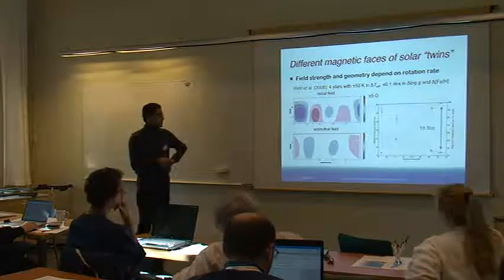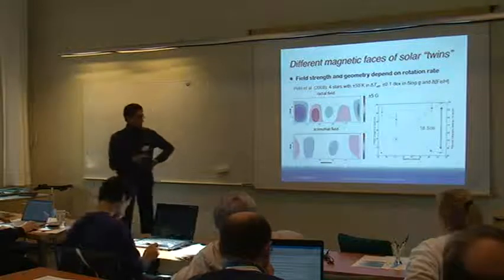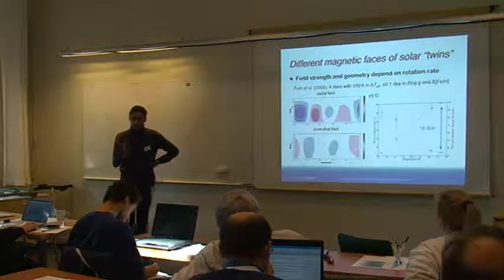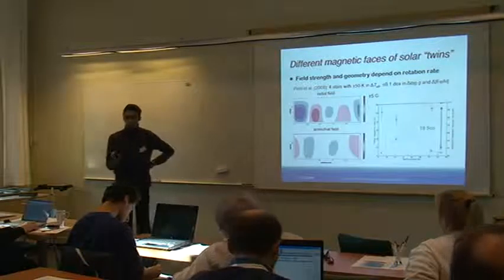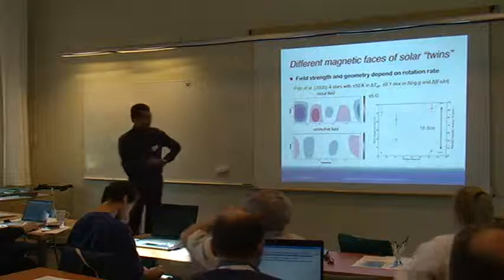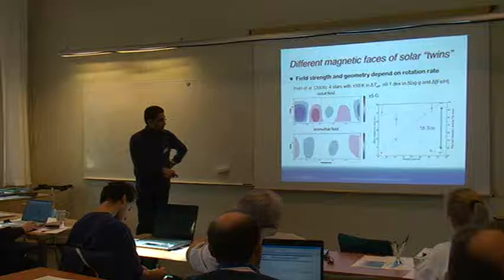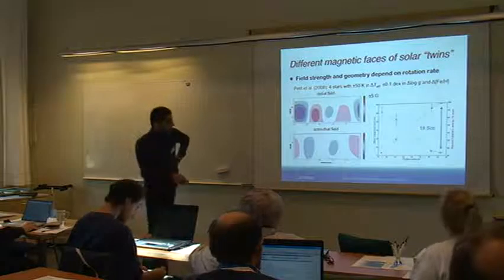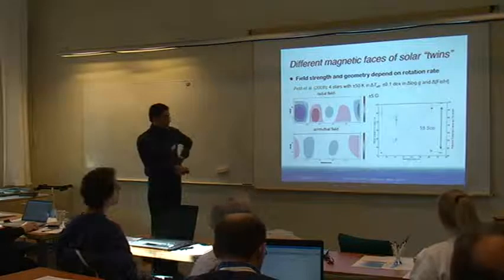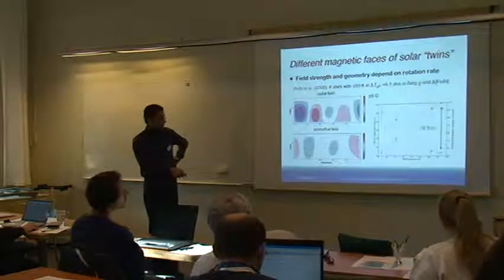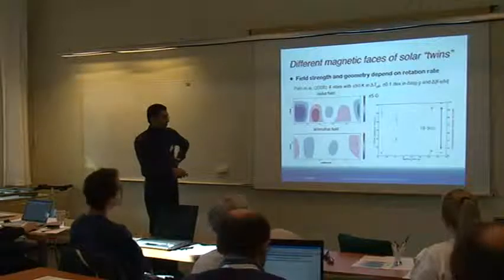And what was demonstrated in a recent paper where 4 such stars were studied is that there is apparently a very prominent dependence of the field structure on the rotation rate of solar type stars. If we look at stars rotating at around 10 days, they tend to have stronger field, so this green line corresponds to mean magnetic field strength, and the field energy is concentrated in the toroidal component.